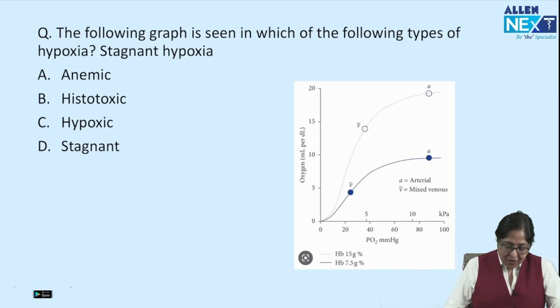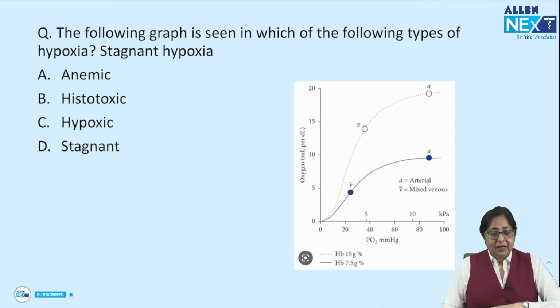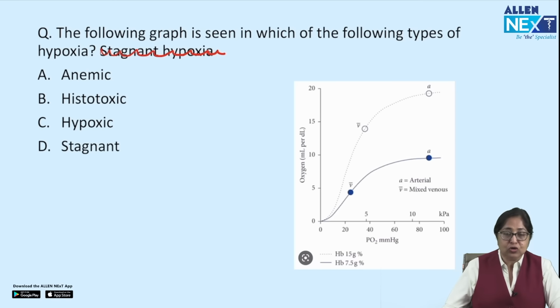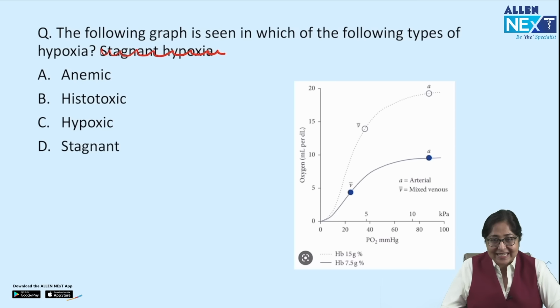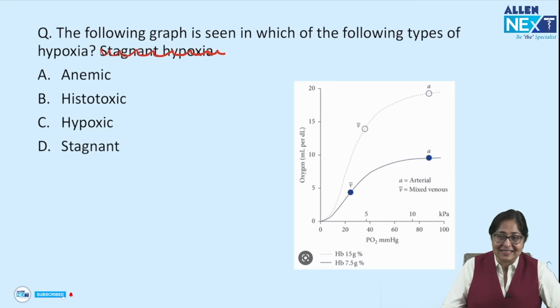Okay. All right. Now, this was an interesting graph. Now, this says the following graph is seen in which of the following types of hypoxia? So we must have a thorough understanding of the hypoxia. Plus, I always say this, that whenever you get a graphical question, first see what is on the x-axis and then what is on the y-axis.